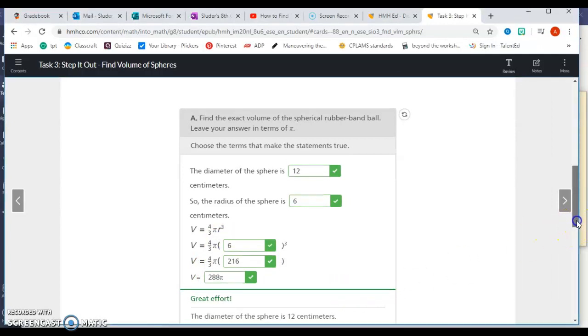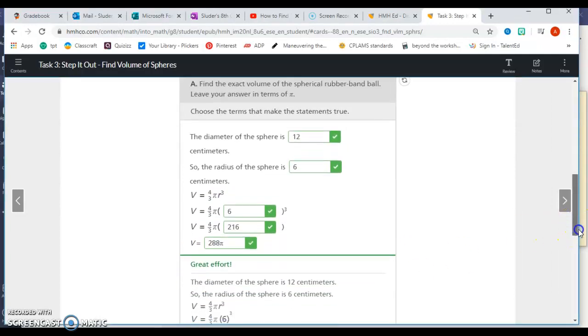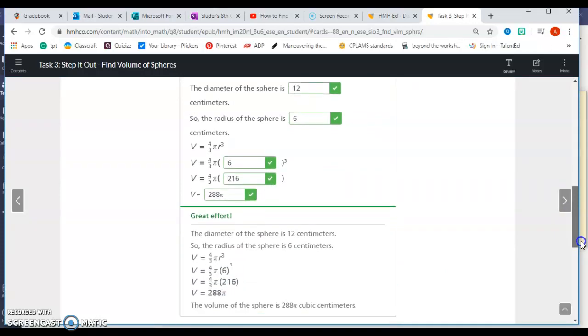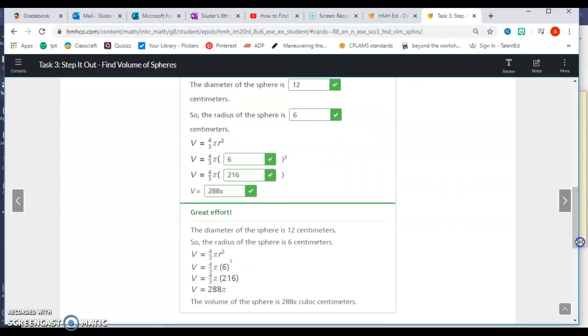Awesome job. So for this one, I was able to identify that the diameter of the sphere was 12 centimeters. If I divide 12 centimeters by 2, I could get the radius of 6 centimeters. And I had to plug the value of 6 centimeters into my formula for the volume. Volume equals 4/3 pi radius cubed.